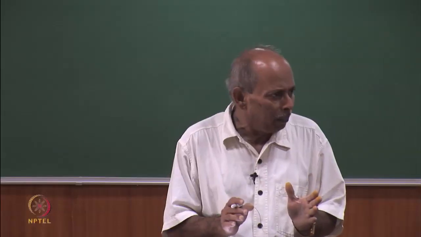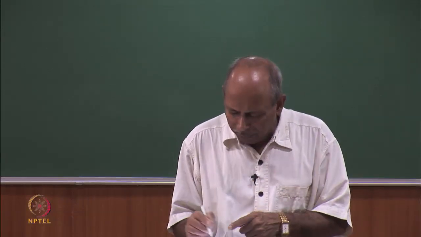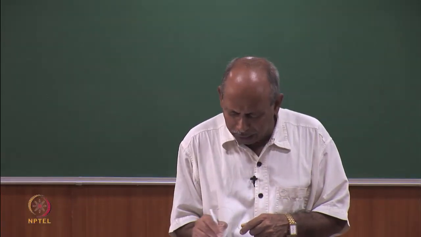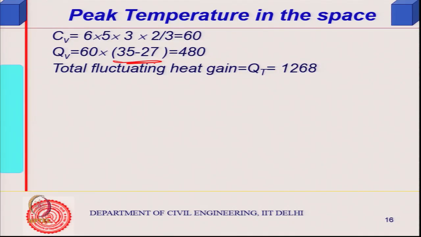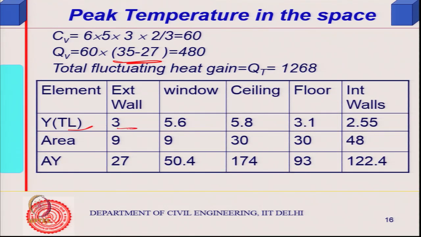sigma Ay plus Cv into Ti swing, because half of the Cv part we have taken, this is the outside part, inside part remains. So, therefore, I calculate out y for each one of the walls; areas corresponding to them are given, I find out Ay and then sum it up for all.